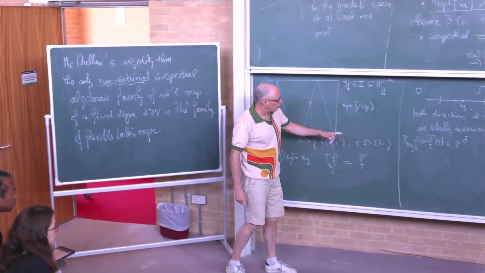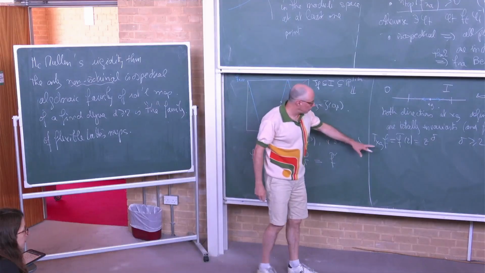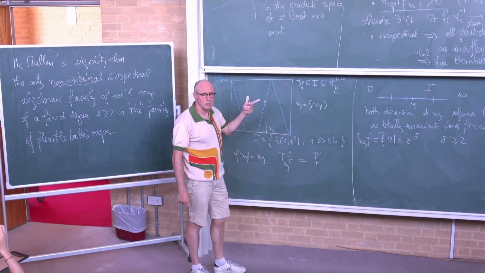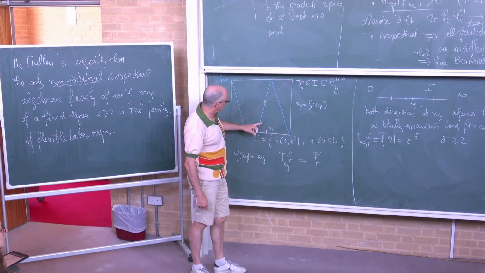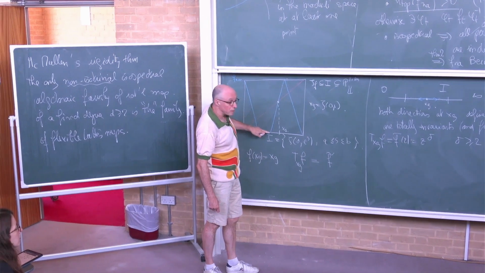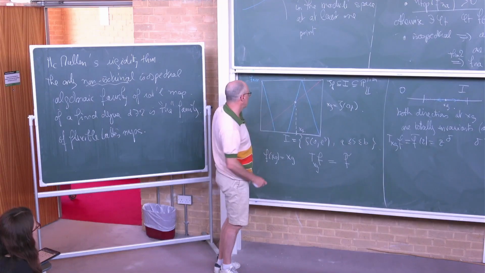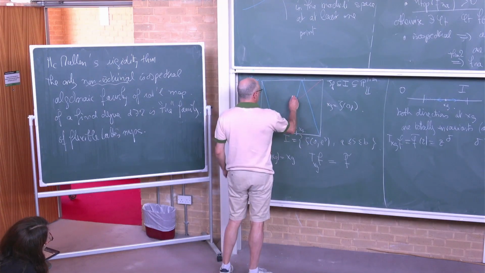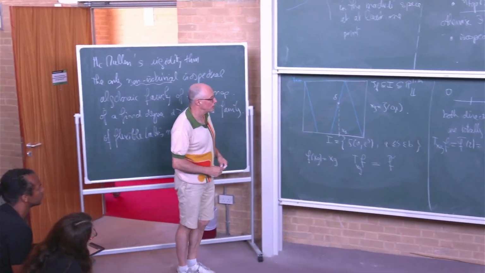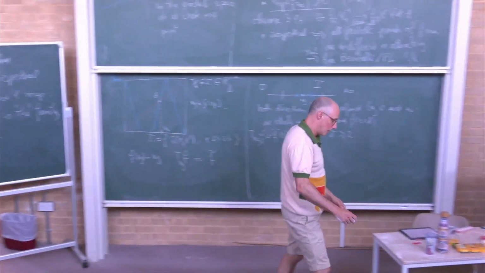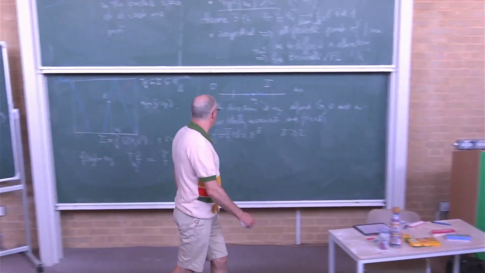Remember that the degree of the reduction map is connected to the local topological degree. And here you can relate this to the slope that you see here. So it's exactly the slope of this blue line. Let me call it delta. This is why it's at least 2.